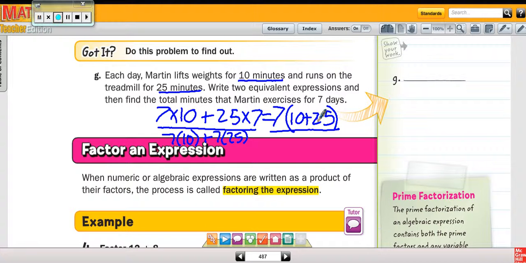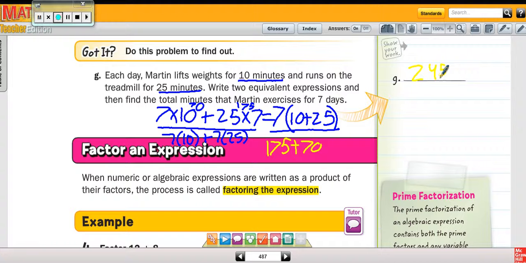So 7 times 10 equals 70, and then 25 times 7 equals 175, and 175 plus 70 equals 245.